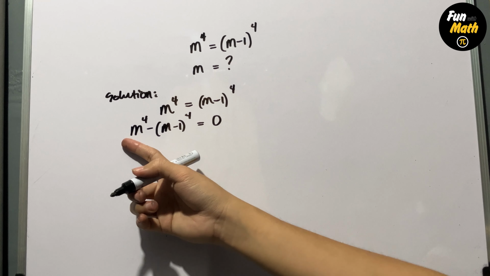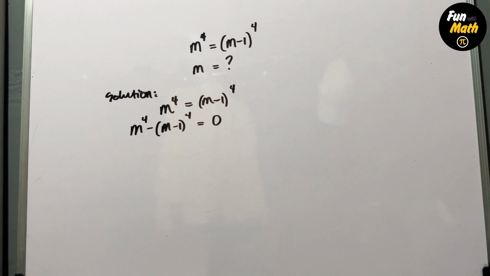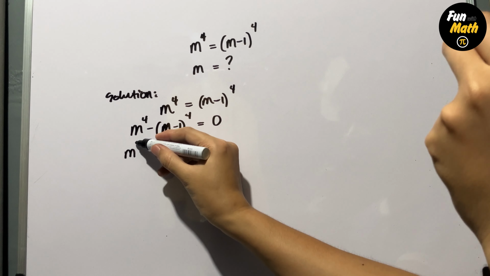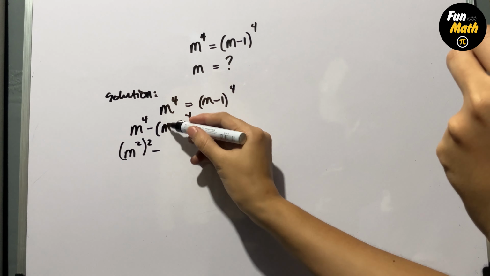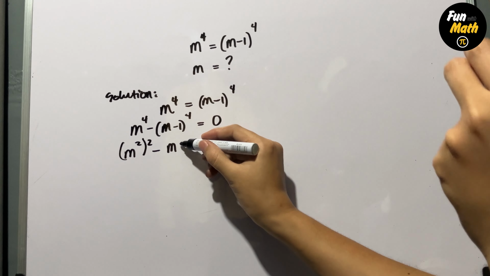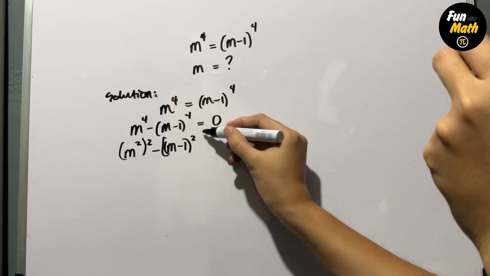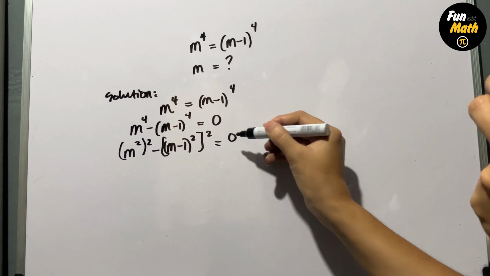Now for this, a power of 4, we can split that into a power of 2 to the power of 2. So this is now (m to the power of 2) to the power of 2 minus ((m minus 1) to the power of 2) to the power of 2 equals 0.